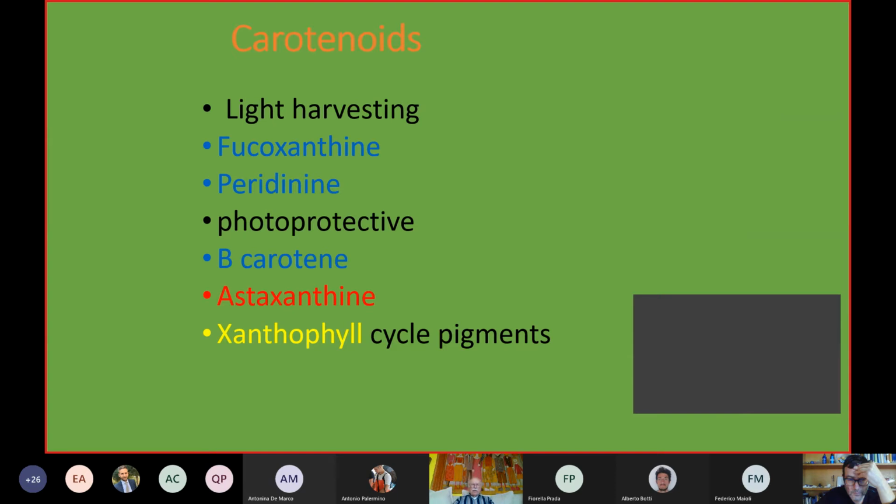But now you have two groups of carotenoids with very similar chemical structure. The light harvesting ones are fucoxanthin and peridinin. Fucoxanthin is the one in the brown seaweeds and diatoms, and peridinin is in the zooxanthellae.